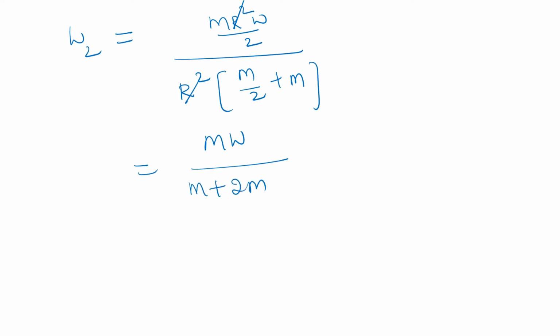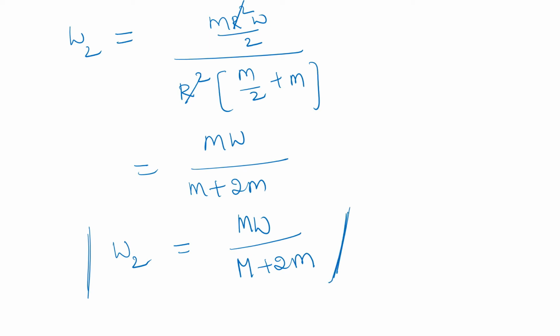So omega 2 is equals to m omega by m plus 2m. Okay, this is the final answer. Okay, next we will go to the next question.